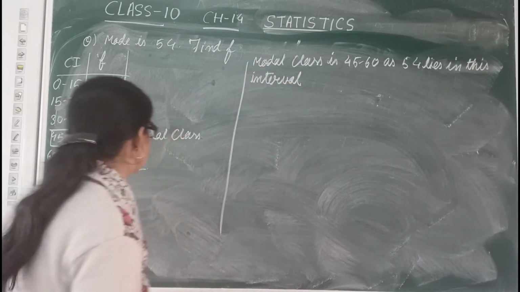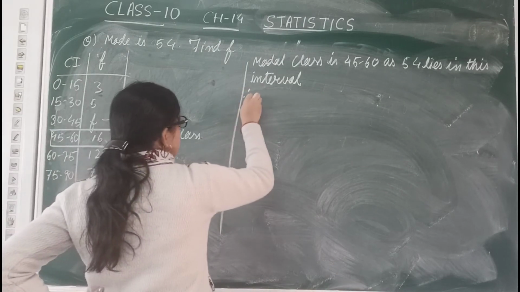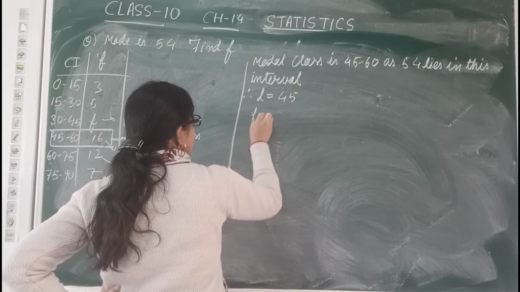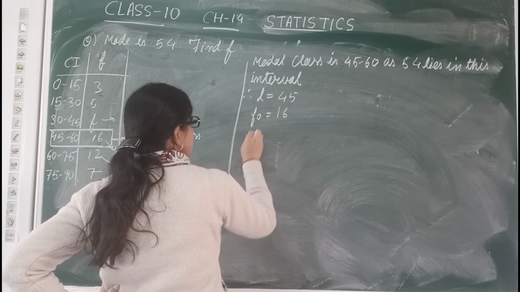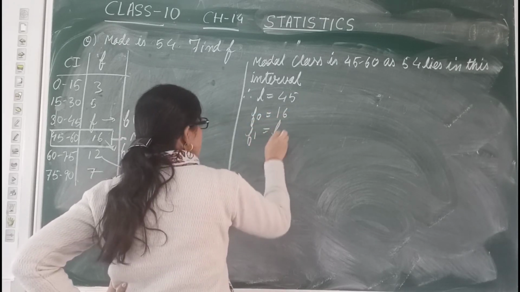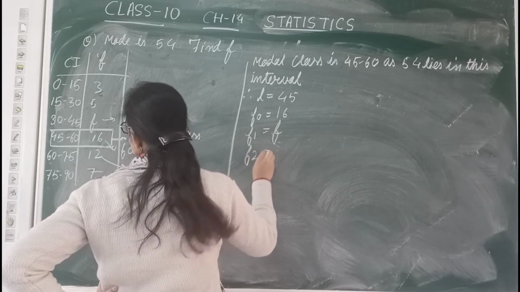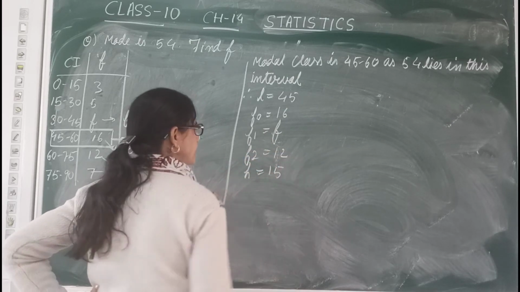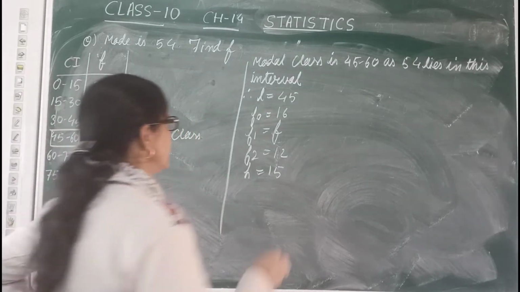Therefore, L equals 45, F0 equals 16, F1 equals f, and F2 equals 12, and h equals 15. All information we have written.